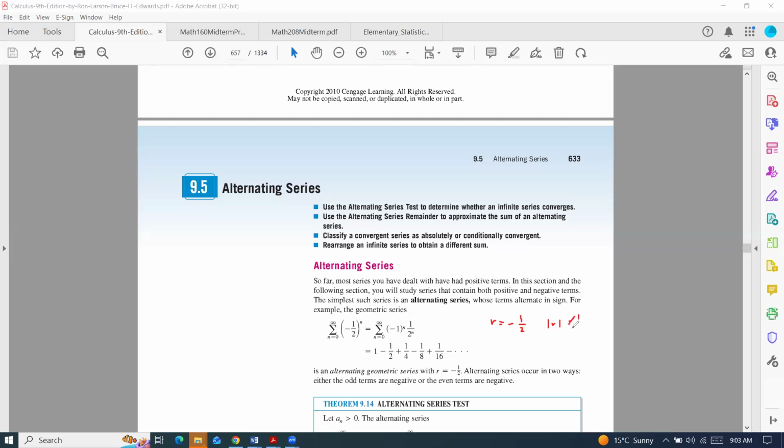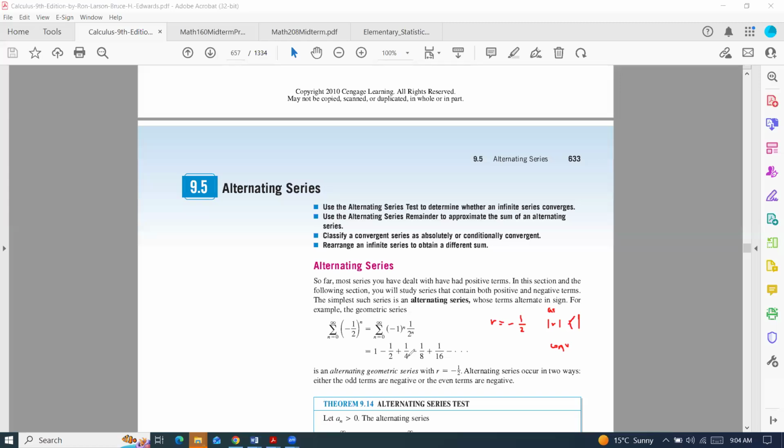So if it's less than 1, then the series is convergent. And also we can find the sum of this series, because it's geometric, and that's what we did already.